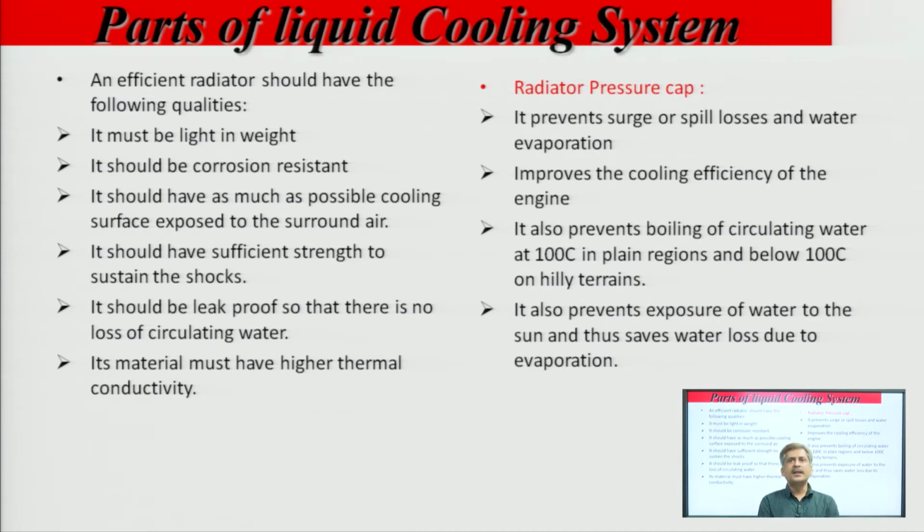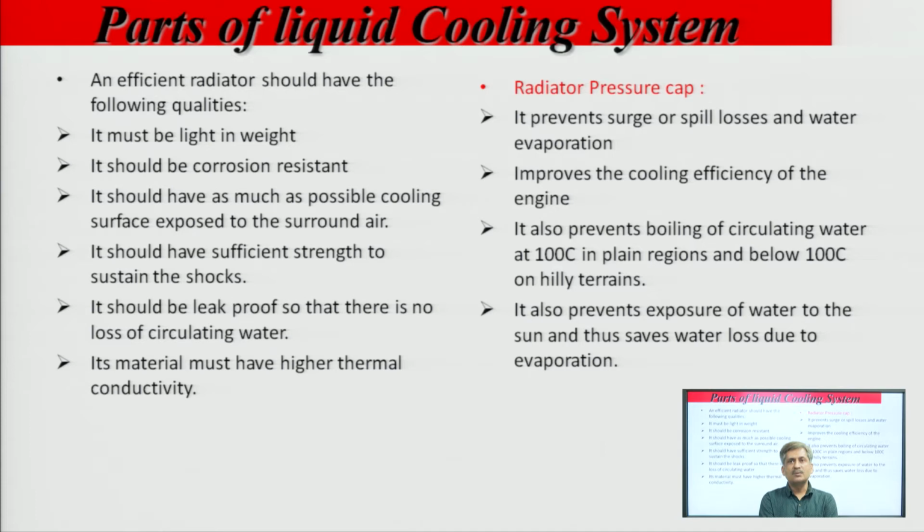Another part is the radiator pressure cap. So, what is the radiator pressure cap? You know that it controls the leakage of the radiator to control its pressure. If you are using water as the working substance, it boils at 100 degrees Celsius, which is the boiling temperature of water at 1 atmospheric condition.